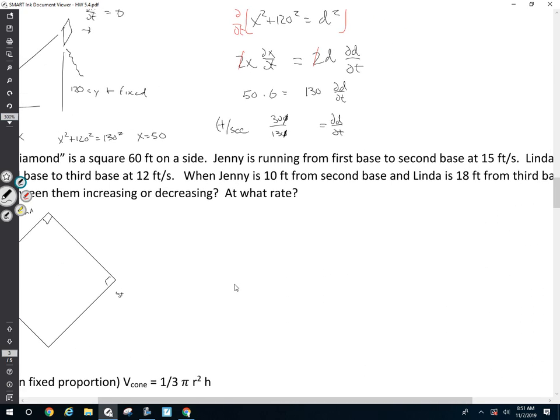Jenny is running from first base to second base. So here's Jenny. Jenny's going to be 10 feet from second base, and she's running towards second base at a rate of 15 feet per second.